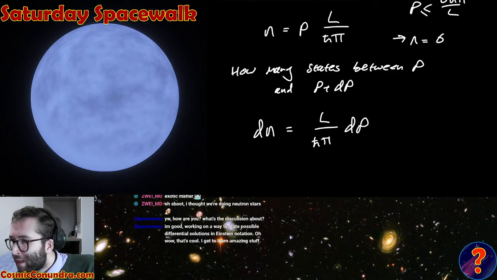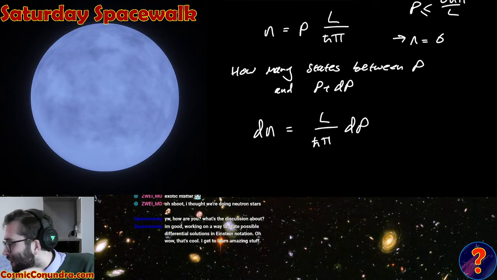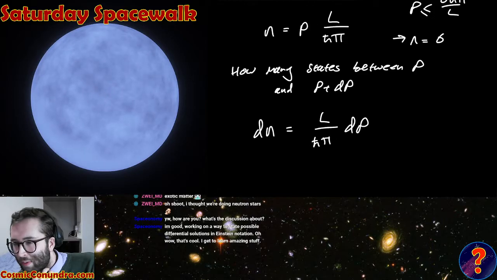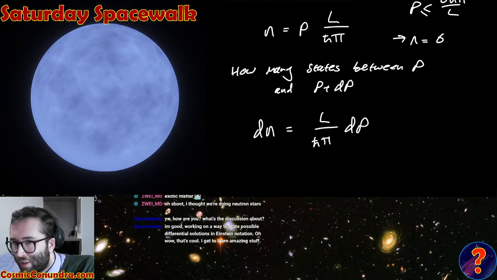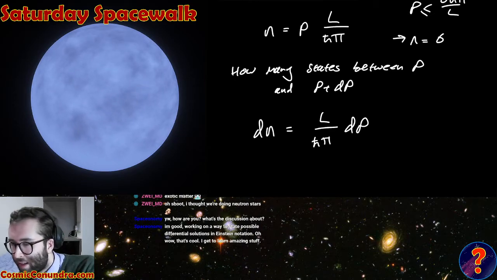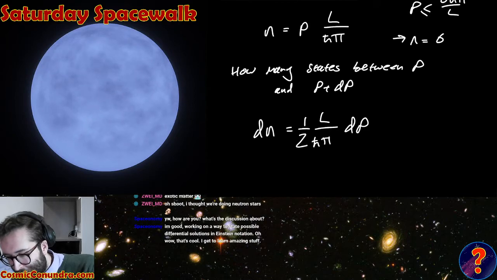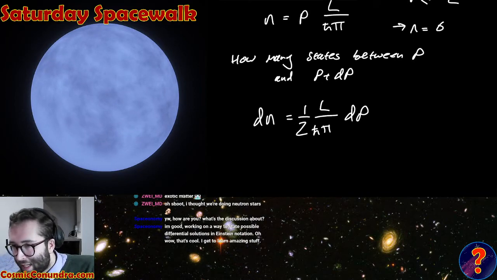But there's something we've slightly missed. Remember, what we were looking for were all of the states with n greater than 0. We said that the states with n is 1 and n is minus 1, n is 2 compared to n is minus 2, are kind of equivalent to each other. So we actually have to pick up a factor of a half here so that we're only counting the states where n is bigger than 0.